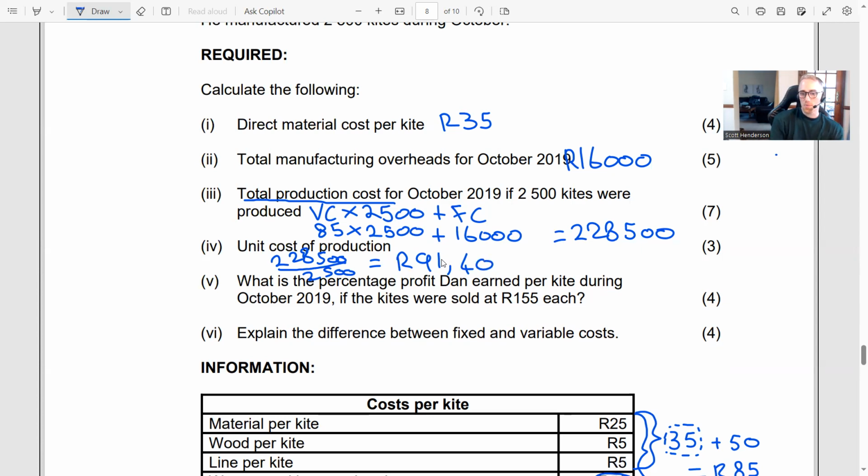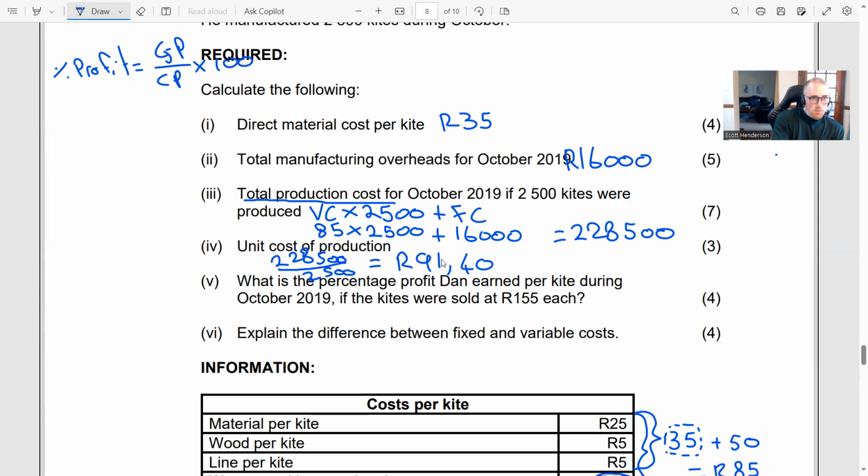What is the percentage profit that Dan earned per kite during October 2019 if the kites were sold at 155 Rand each? Well, we know that percent profit is equal to gross profit divided by cost price times by 100.